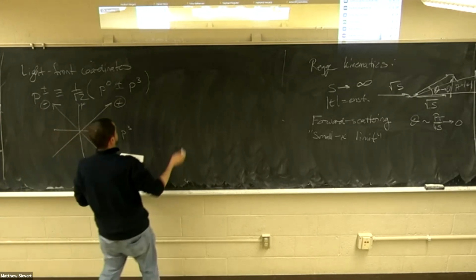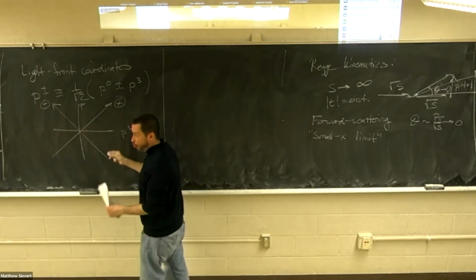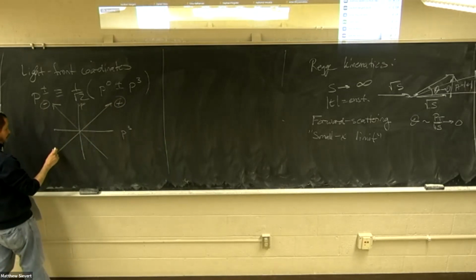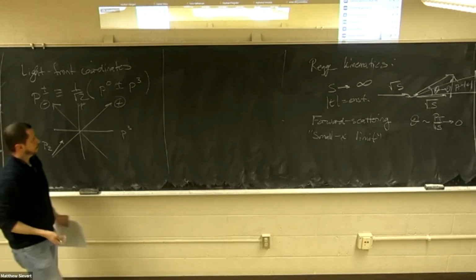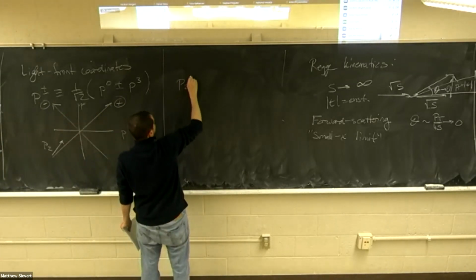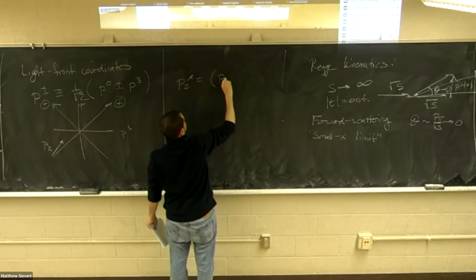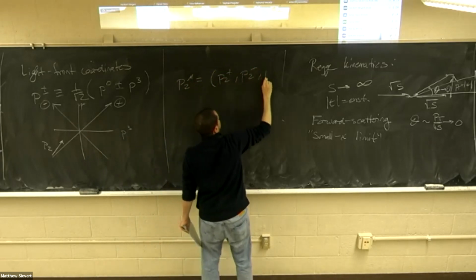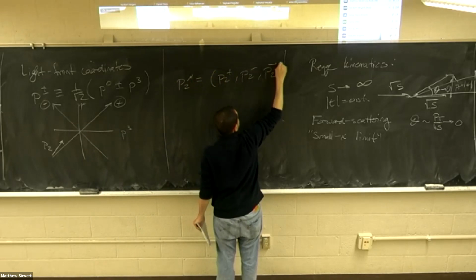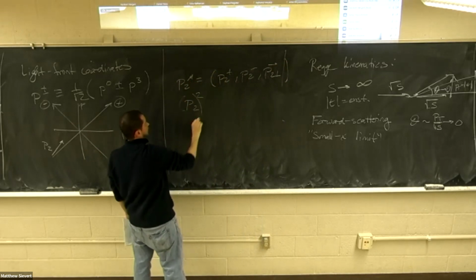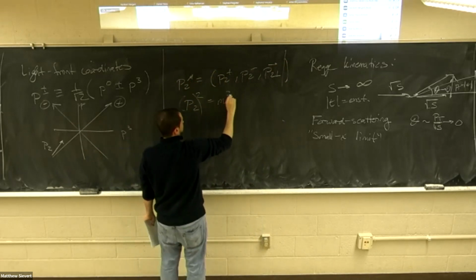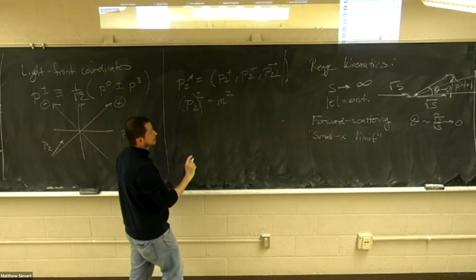One thing that's particularly nice about the light front coordinates is if I know one of my variables is going to be large, like if I know that my particle, let's say p2, is coming in with a very large amount of energy going down the light front plus direction. If my momentum p2 mu is made up of components p2 plus, p2 minus, p2 perp, these components are not all independent. They have to satisfy an on-shell condition, p2 squared equals m squared, in general.